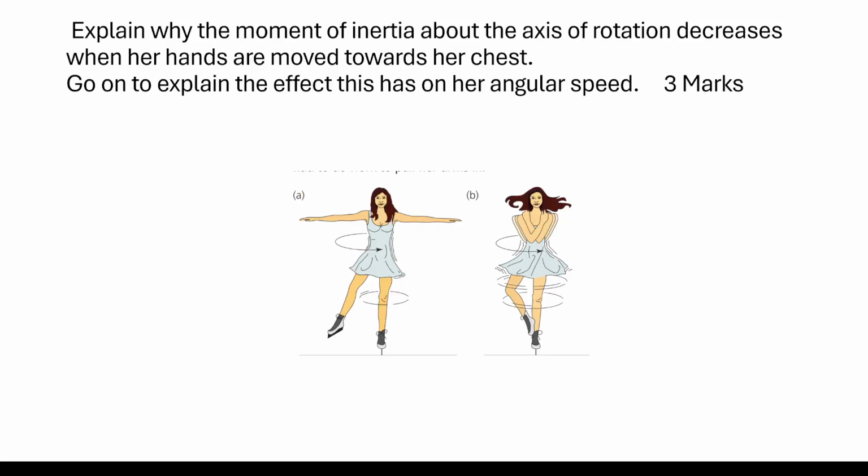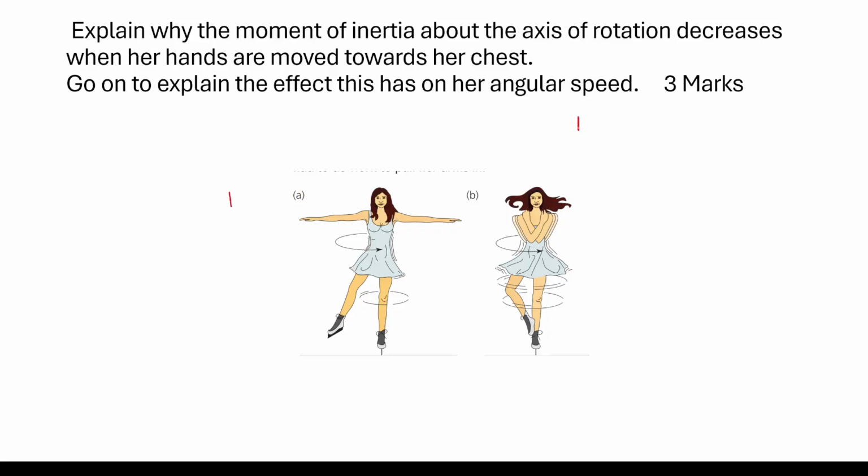Okay, pause the video, try to answer this in 3 points. What is happening to the speed of the gymnast when she's bringing all her limbs together? So now explain the effect. So first point, let's just see.